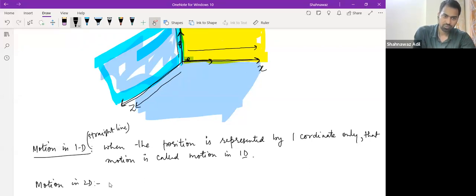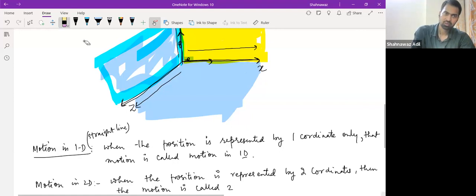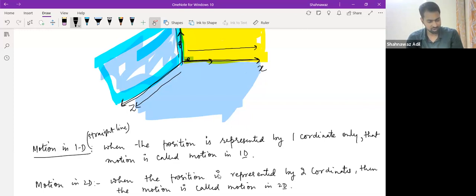So when the position is represented by two coordinates, then the motion is called motion in 2D. Right. So what would be an example of motion in 2D?